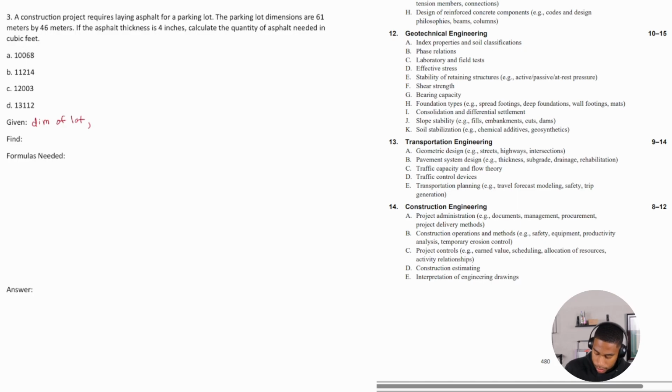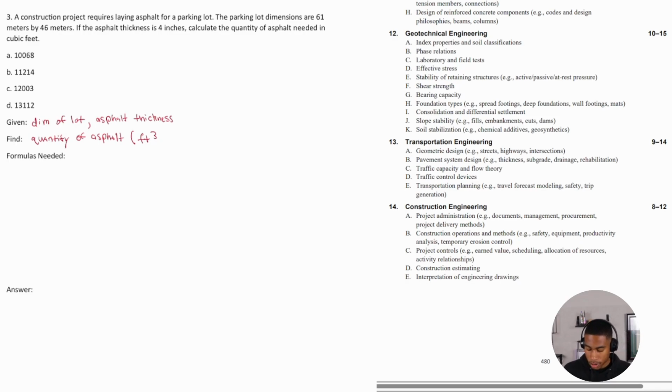We're also given the asphalt thickness, and we're trying to find the quantity of asphalt, and it needs to be in feet cubed.